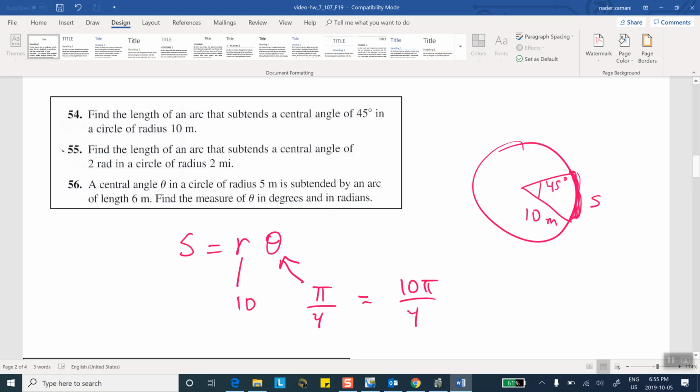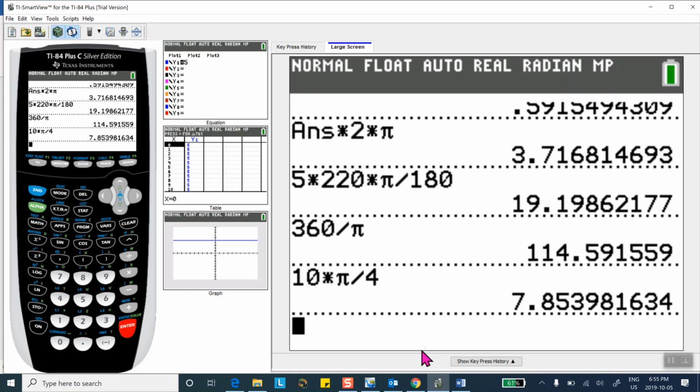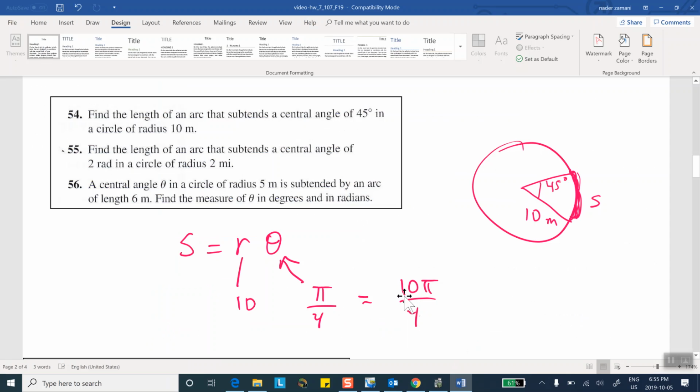And if you put it in our calculator, 10 times pi divided by 4, you get 7.854 meters, which is exactly this thing, but we have replaced the value of pi. Okay, so let's do the other one.